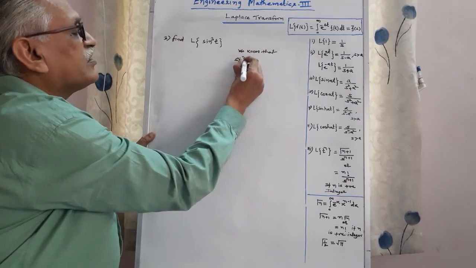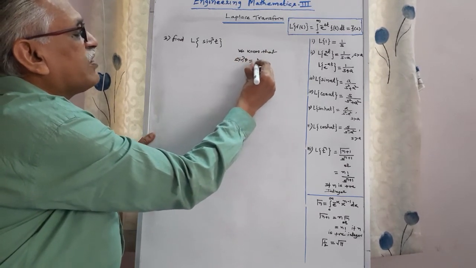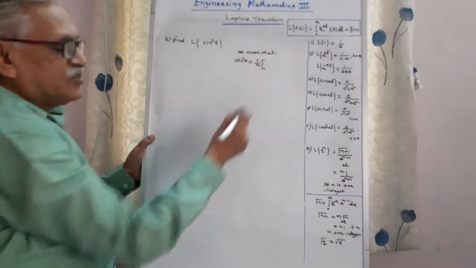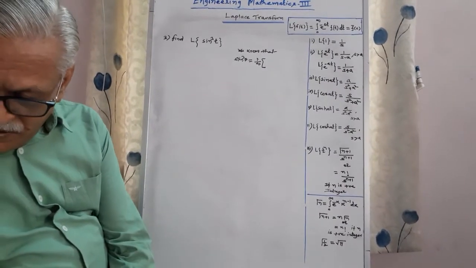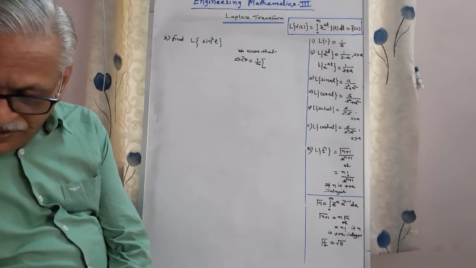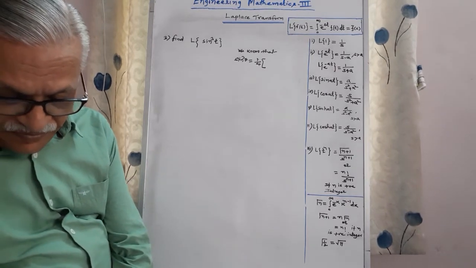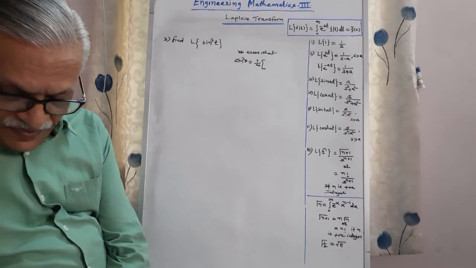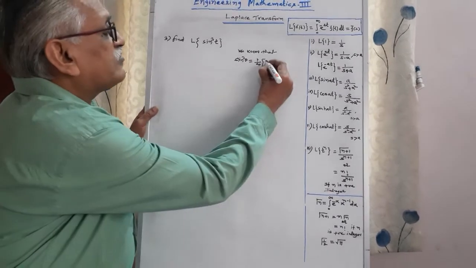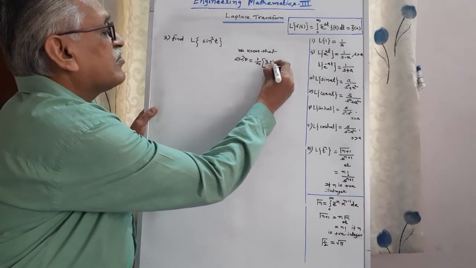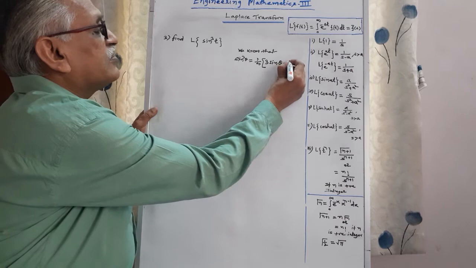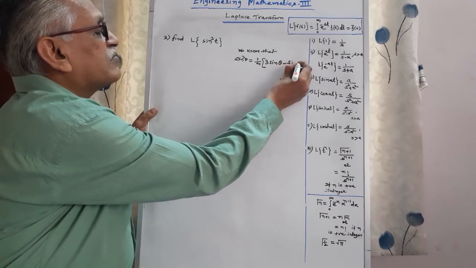sin cube theta is 1 by 4 times (3 sin theta minus sin of 3 theta).